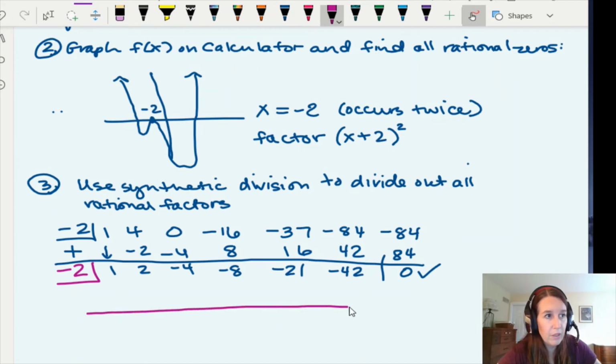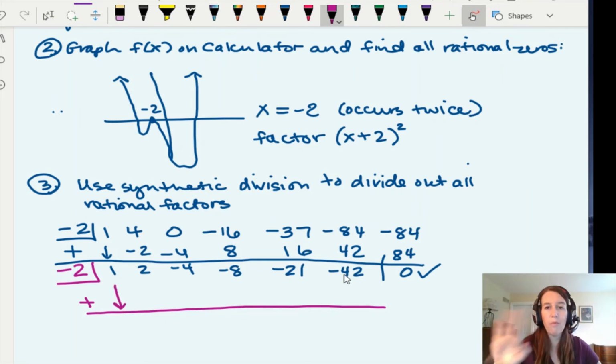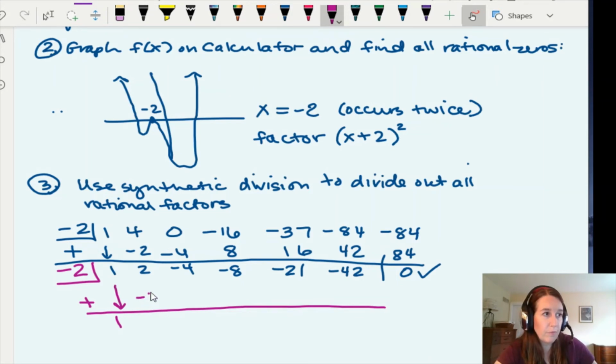Okay, so here I'm just putting -2 on the shelf again, and now I'm going to restart using these coefficients. I don't bother writing that function because it's going to be an x to the 5th, and we don't need that. Who cares, right? All right, so here's 1. Go ahead through your synthetic division again.